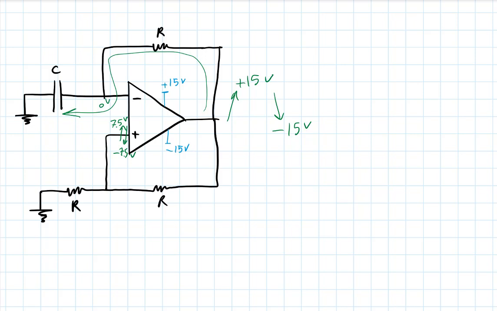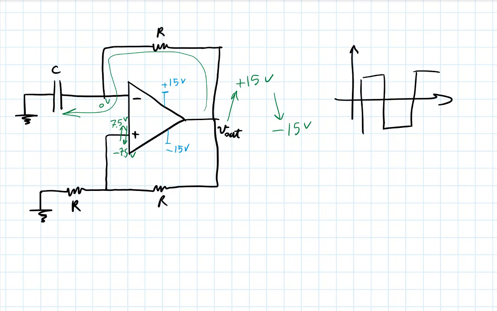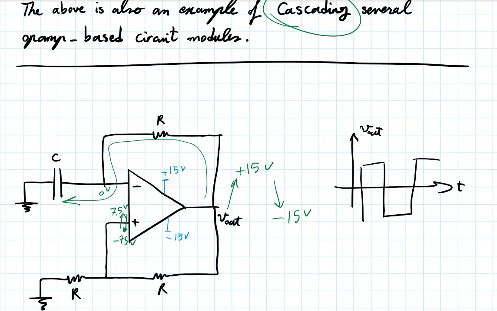So the output will go back and forth in time, and the capacitor keeps charging and discharging. So this is an oscillator. Maybe a clock for your computer.